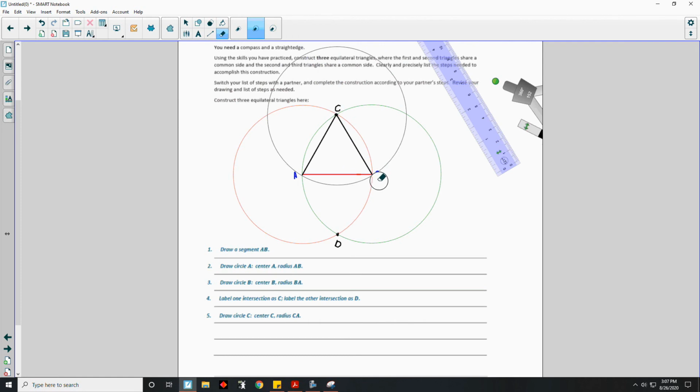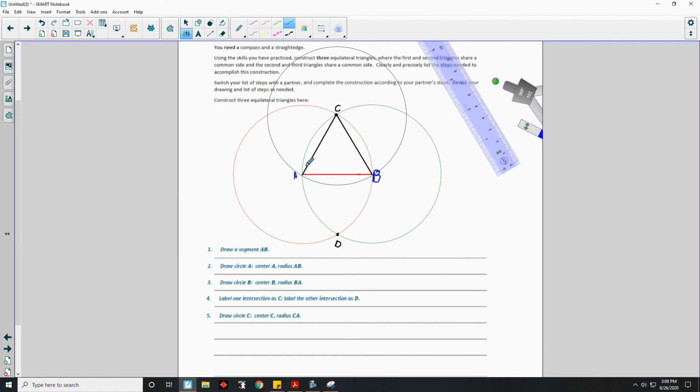Shorten that a little bit. There we go. And I erase my B. Okay, it's a little tricky with the electronics here. This is B.